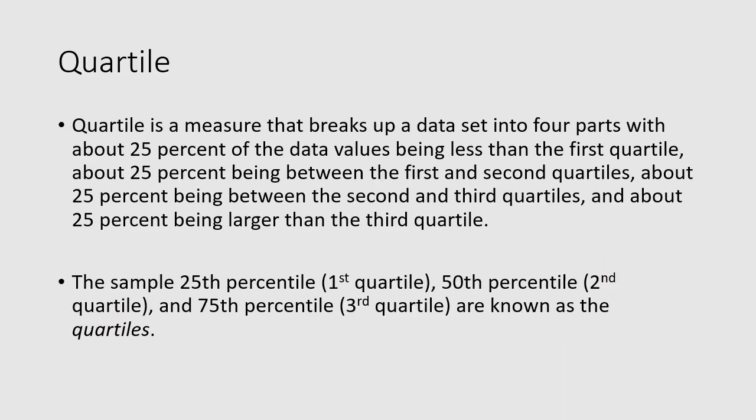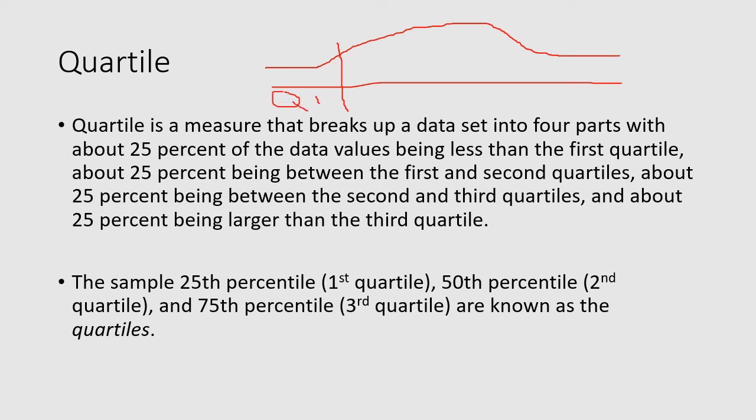And now let's move on to quartiles. A quartile is a measure that breaks up a data set into 4 parts. So you have to imagine it like this. It's a data set, right? Imagine these are the patterns of the data. Here is the first quartile, Q1, with 25% of the data values being less than the first quartile.